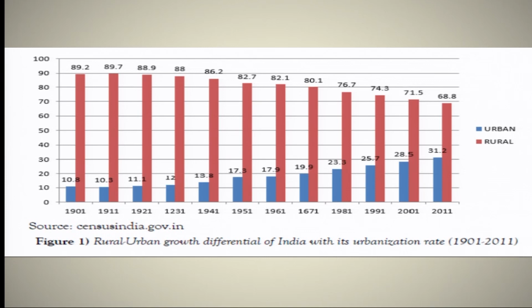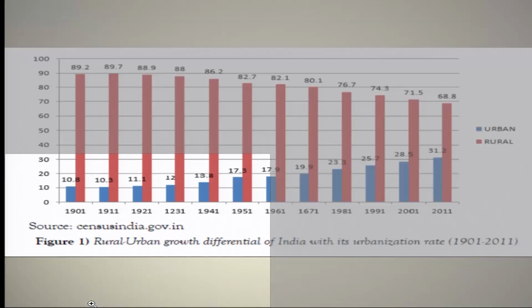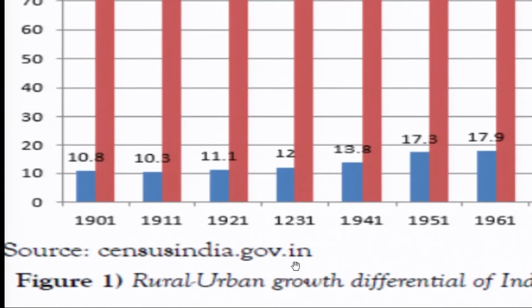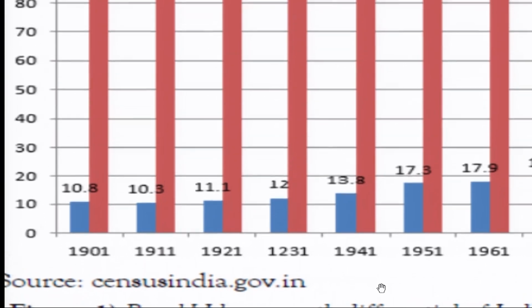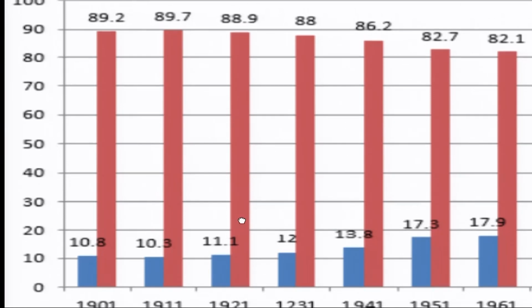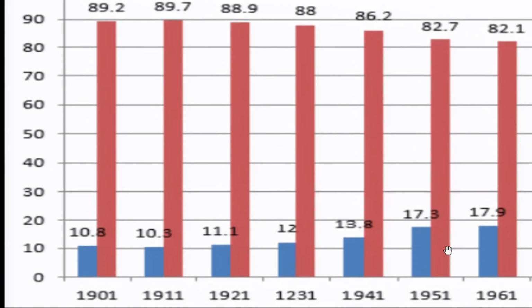Then you will find here the rural-urban growth differential of India with its urbanization rate. It's very, very clear that the graph shows very well how rural people have moved away from the rural countryside and moved to the city sides. You find that the red graph shows you the rural area and the blue one shows the urban area, how people gradually leave the countryside and move away to the urban areas.